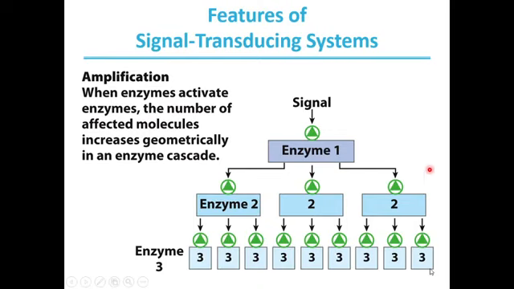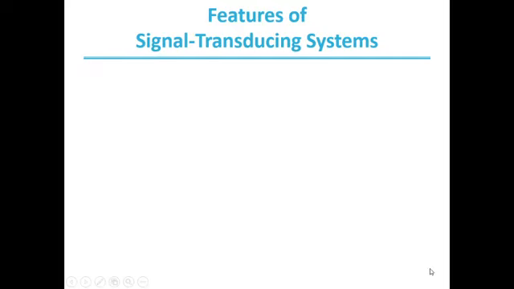Hence, the response to a signal must be terminated such that the downstream effects of this signaling pathway are proportional to the strength of the original stimulus. And cells have systems to control such amplification cascades.